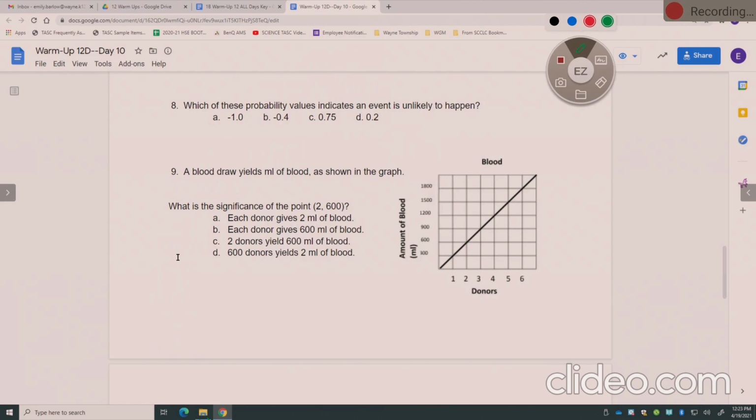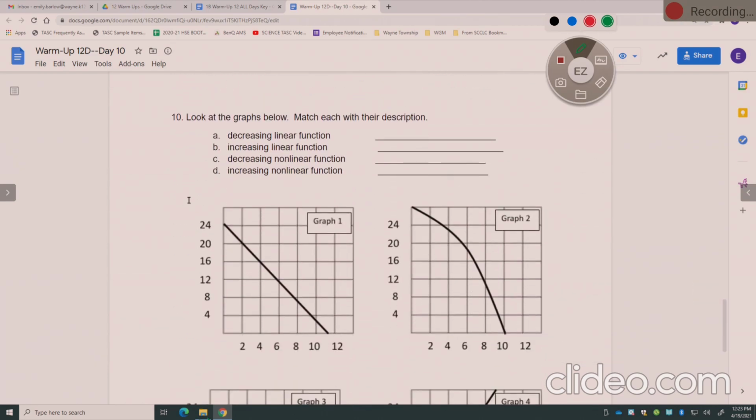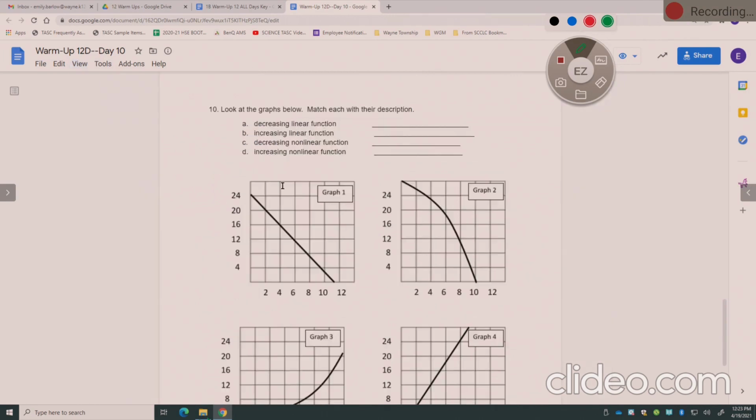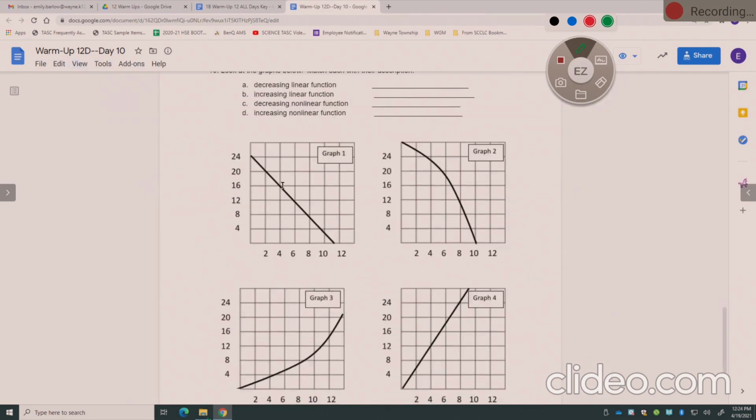Last one. Okay, so for number 10, we are wanting to match the graphs to the descriptions.